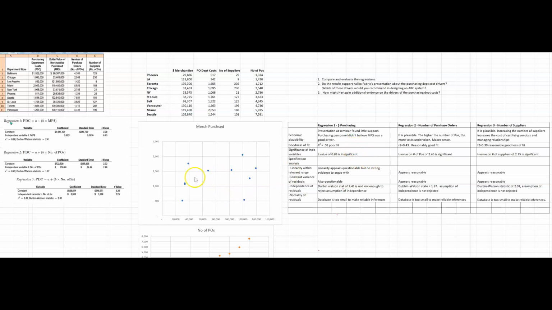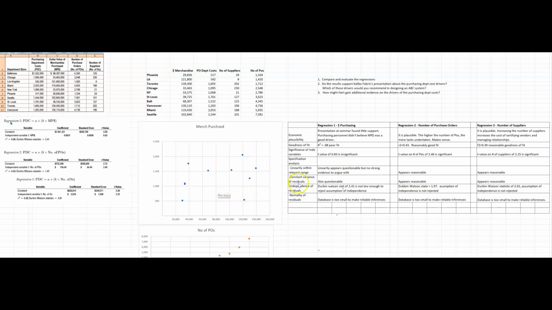And then when we looked at the t statistic, the t value on the independent variable, the number of dollars of purchases, it's 0.83, and that is an insignificant t-score. In terms of the specification, the linearity is questionable, especially when you look at this, but they don't have enough evidence that they can really say it is not linear.